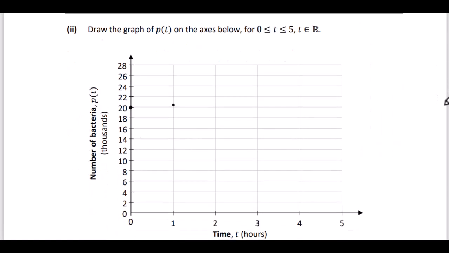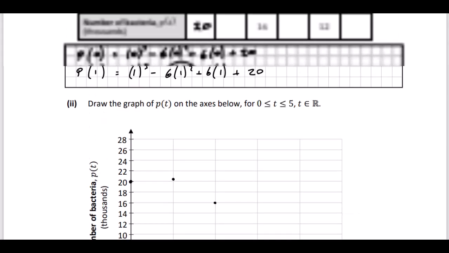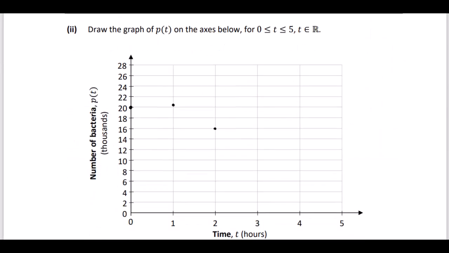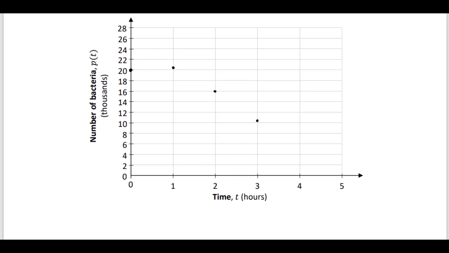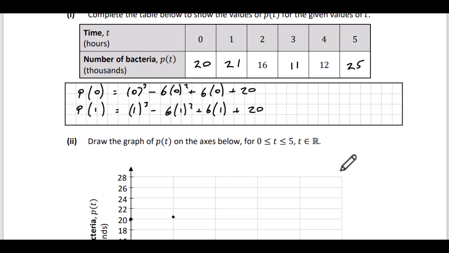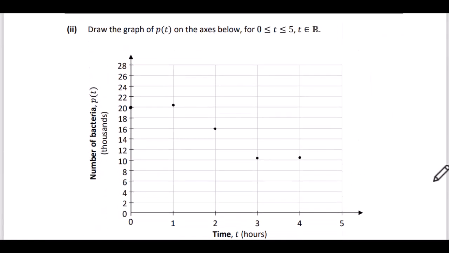So 2 is here, and 3 is 11. So 3 up as far as 11, which is roughly there. And then 4 is 12, or just slightly higher. And then 5 finally is 25. So 5 is halfway here, so it's about there.